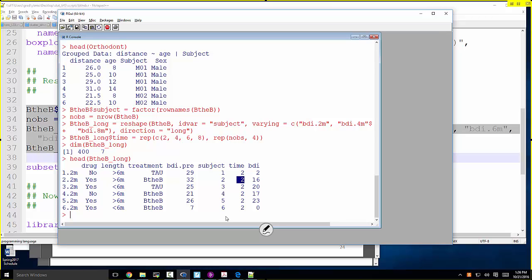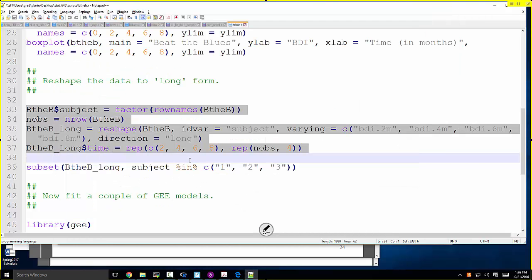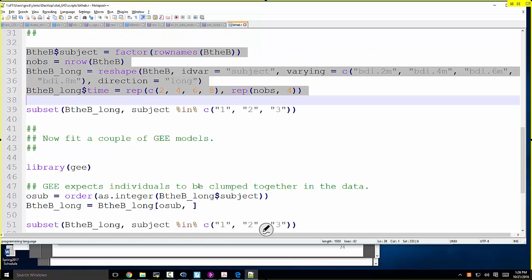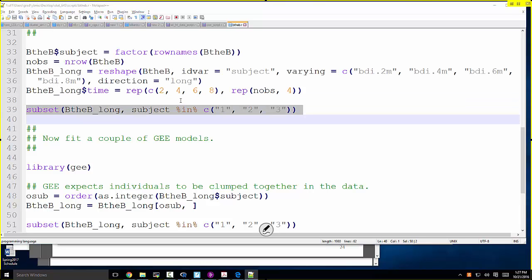The R function GEE expects the individuals to be ordered in clumps, like they are in the orthodont data, with the first 4 rows being individual 1, followed by the next 4 for individual 2. We don't have that after having done reshape, so we've got just a little bit more to do.